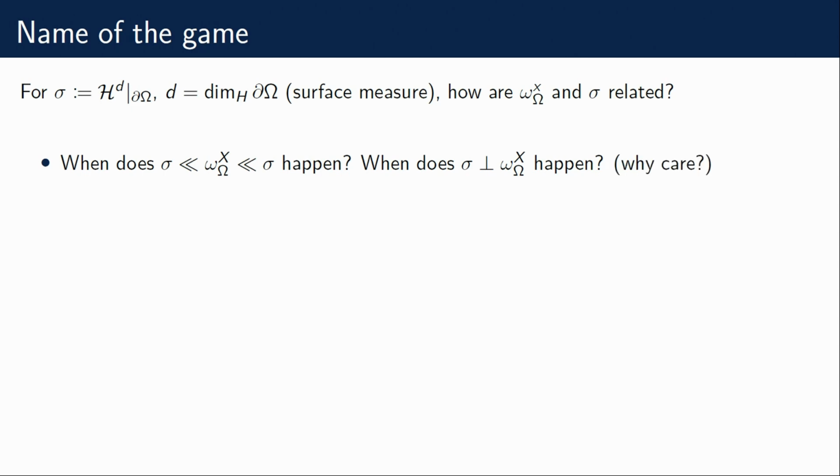And just to state really quickly, why would you care about this? Well, on the one hand, absolute continuity of these measures is very closely related to boundary behavior of harmonic functions, which is important from the PDE perspective. But it's also just interesting to think about how Brownian travelers see the geometry of your domain, because there's this probabilistic interpretation of harmonic measure.